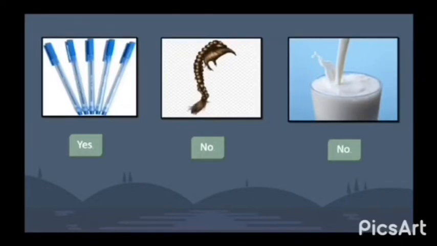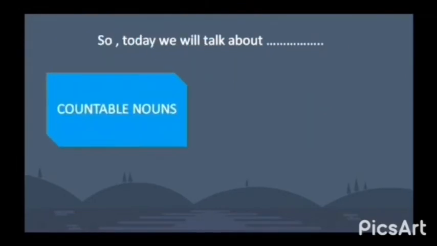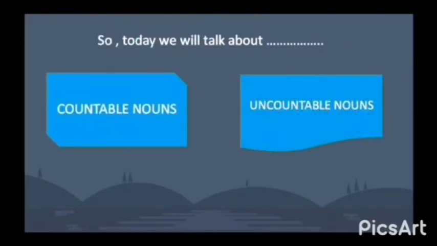So from 6 images you can say that only oranges and pens were the things which you could count, but things like rice, waves, hair and milk, you cannot count. So today we will talk about countable nouns and uncountable nouns.